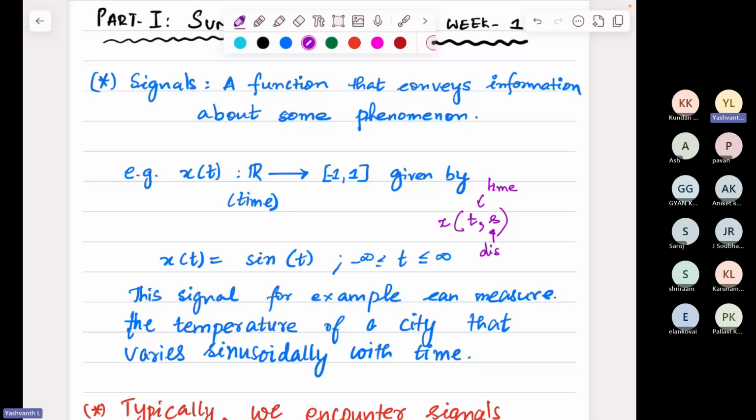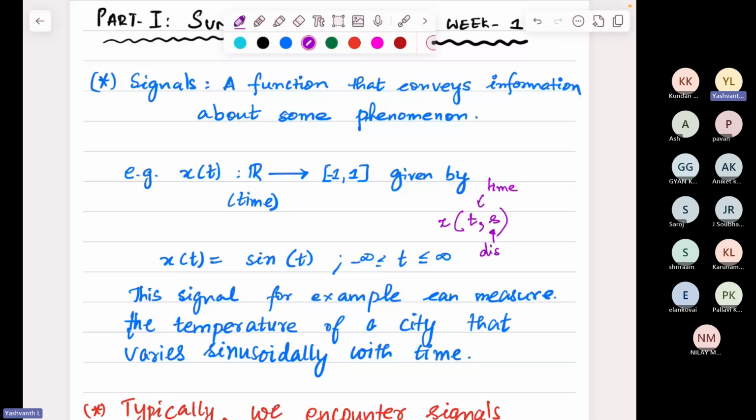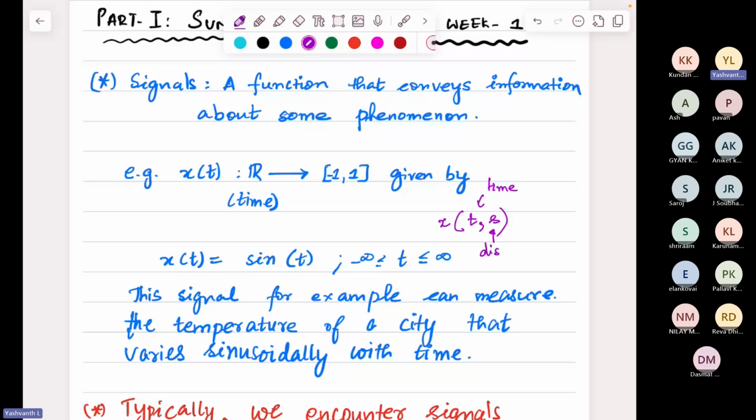There can be multiple ways to define a signal, but this is the first course on signals and systems, so it is better to stick with one dimension, which is what we will be doing in this entire course. So x of t is your signal, which depends on one variable t.